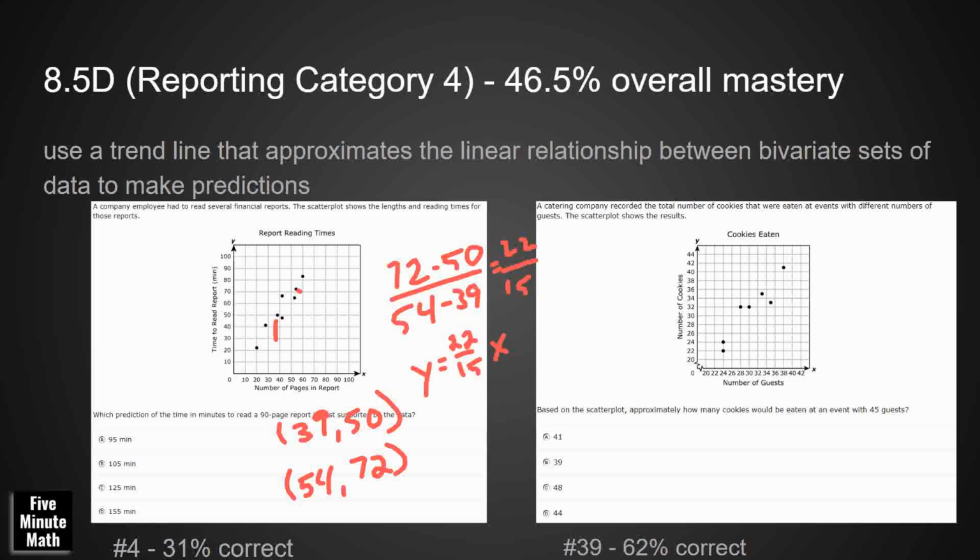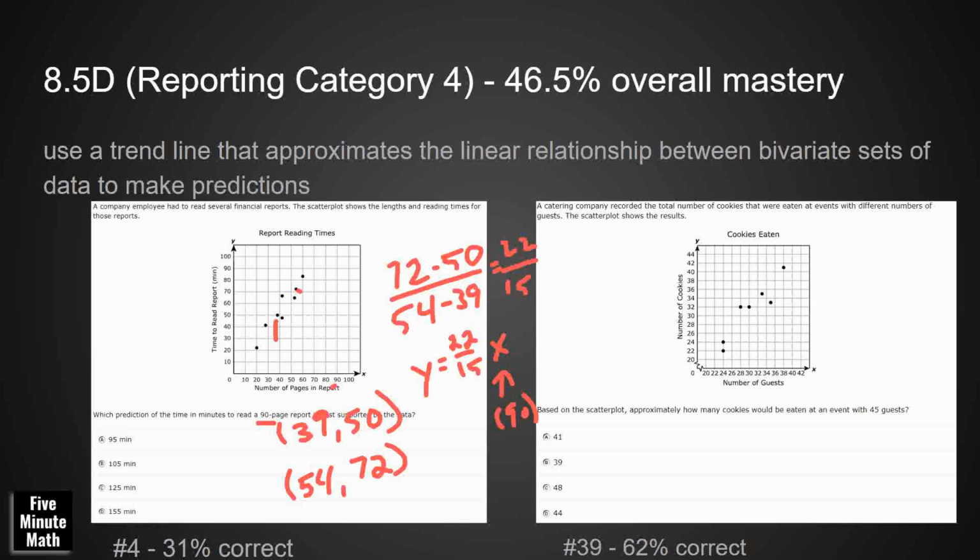And if I want my time in minutes looking from a 90-page report, that means my 90-page report is my x. So I'm simply going to substitute 90 into my equation, and I'm going to multiply that by 22 over 15. So 22 over 15 is about 1.4666.